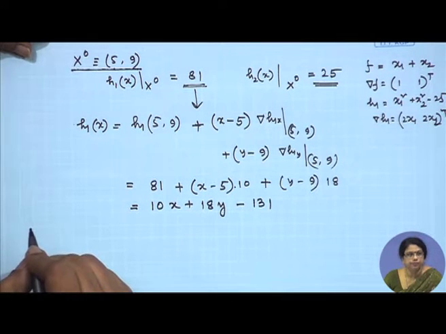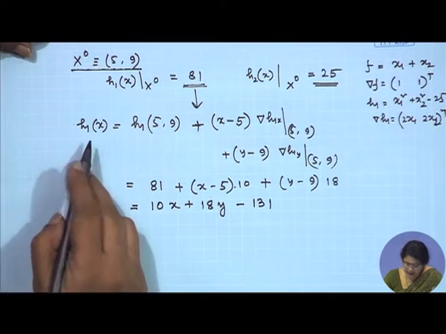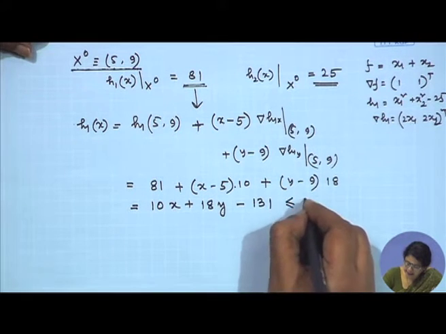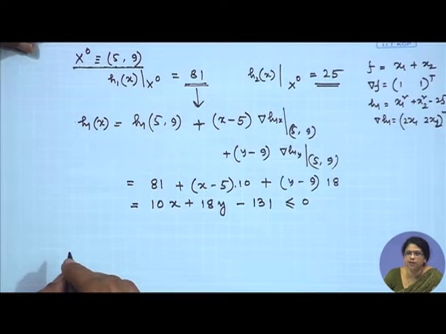What is my constraint then? This must be less than or equal to 0, my next constraint.